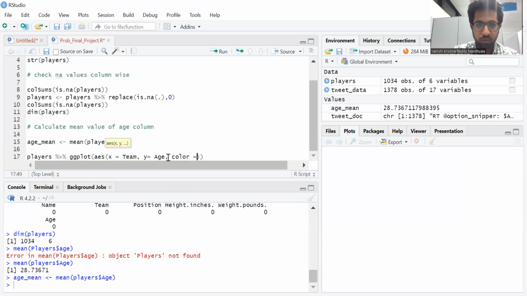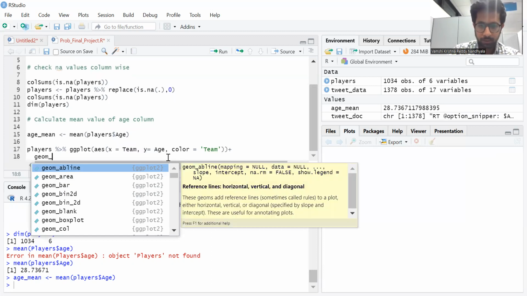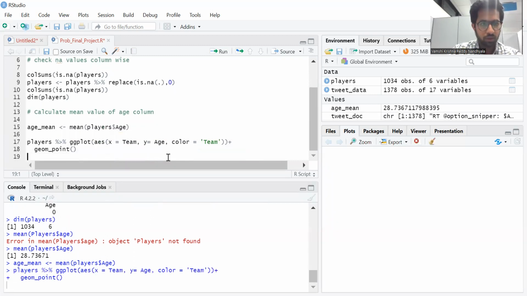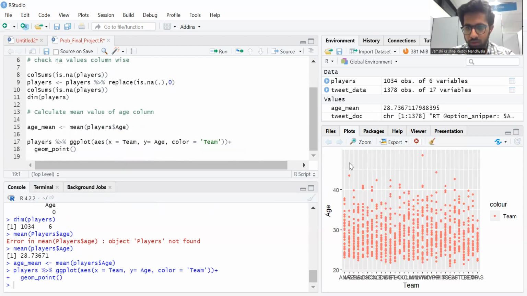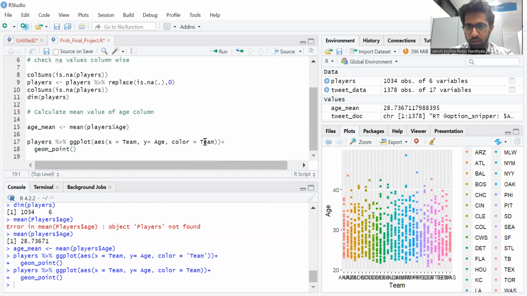So color equal to team, and I'm going to plot a geometric point plot. So sorry, what's happening? Oh, this should not be color equal to team. This should be in this way. Yeah, this is good.